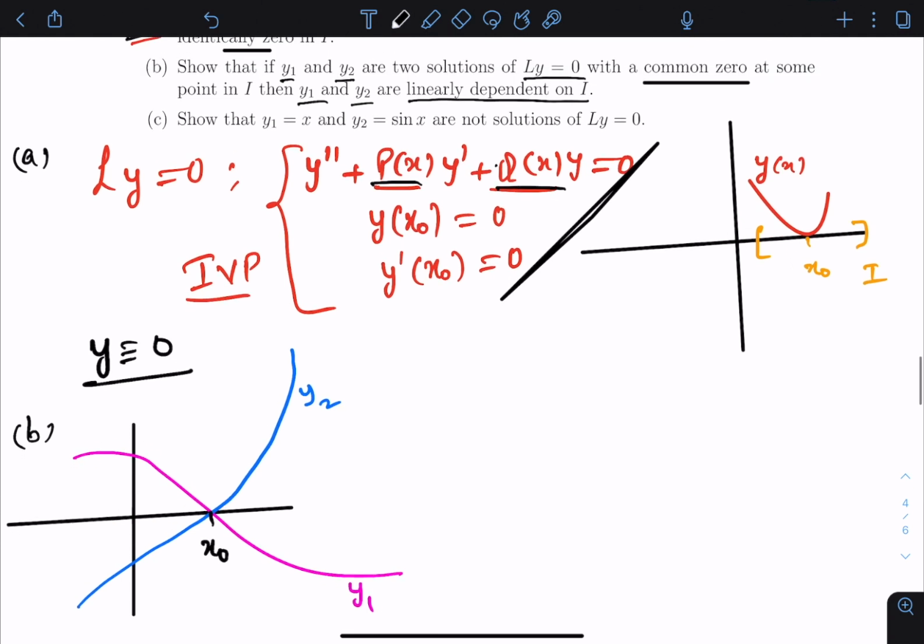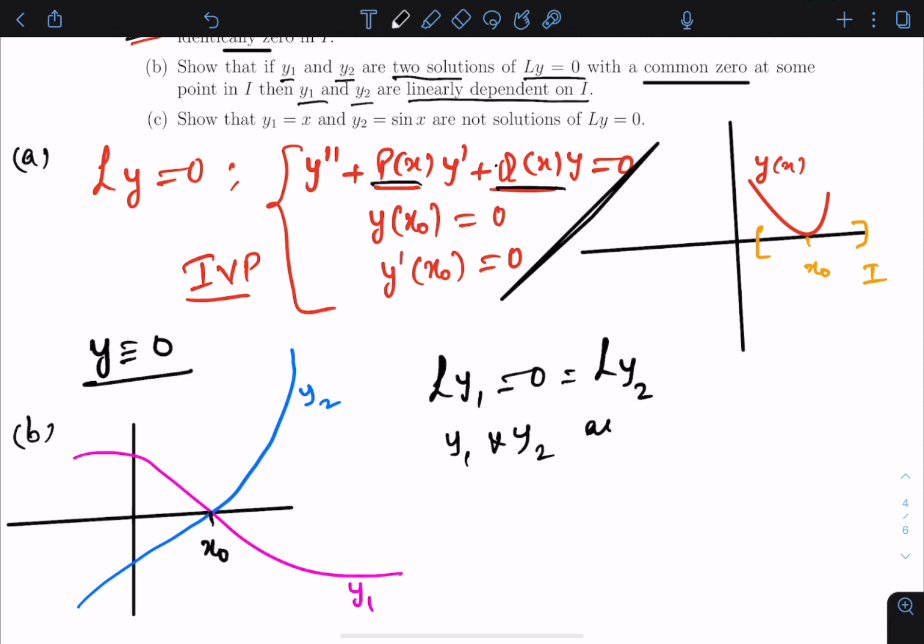So y1 and y2 are two solutions, so basically L of y1 is 0 and L of y2 is also 0. Both are solutions to this problem. Then if this situation is happening, that means y1 and y2 have to be linearly dependent. That's the thing that we need to prove.